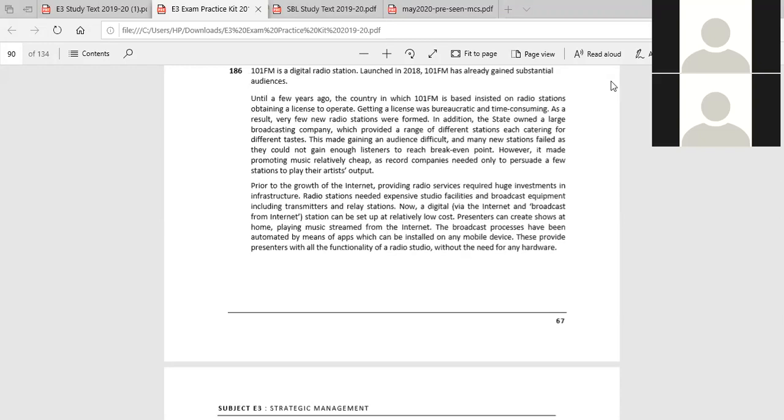Prior to the growth of the internet, providing radio services required huge investments in infrastructure. Radio stations needed expensive studio facilities and broadcast equipment, including transmitters and relay stations. Now, a digital station broadcasting via the internet can be set up at relatively low cost.